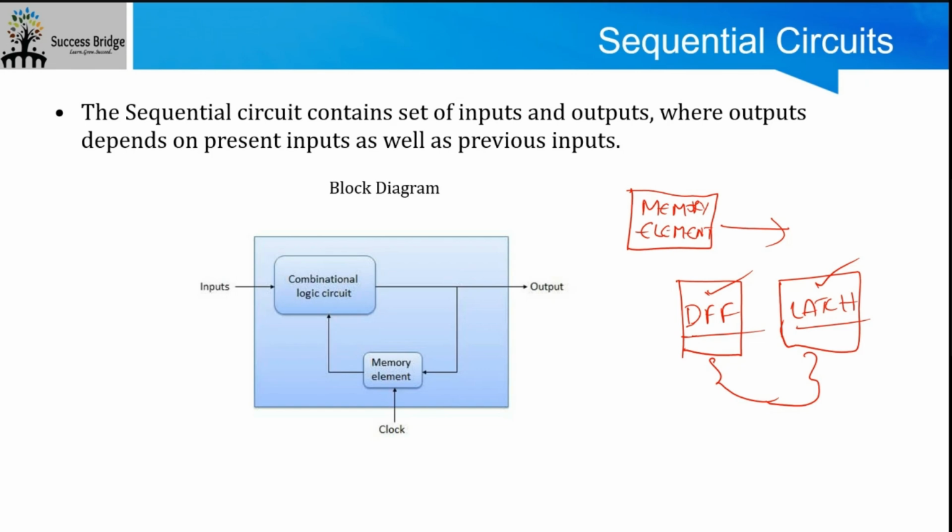Anyone? You can just explain what is a D flip-flop and what is a latch, or at least give an answer for the difference of D flip-flop to the latch.